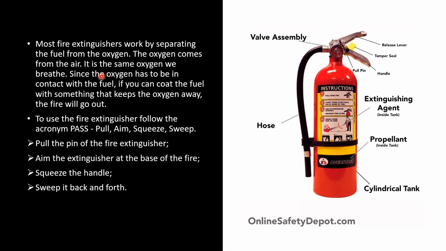Since the oxygen has to be in contact with the fuel for burning, if you can coat the fuel with something that keeps the oxygen away, the fire will naturally go out, and this something is nothing else than your carbon dioxide gas. So it coats the fuel and keeps the oxygen away. When there is no oxygen, there won't be any burning, there won't be any combustion, and the fire will go out within no time.